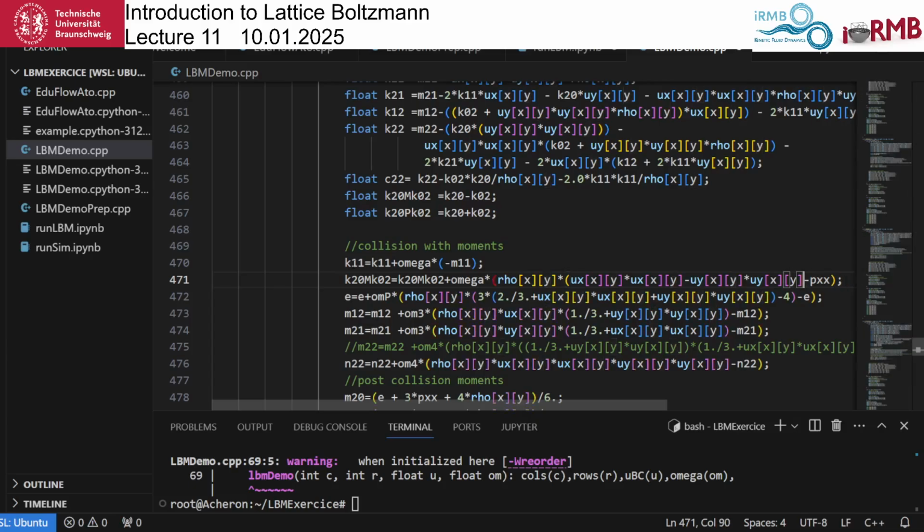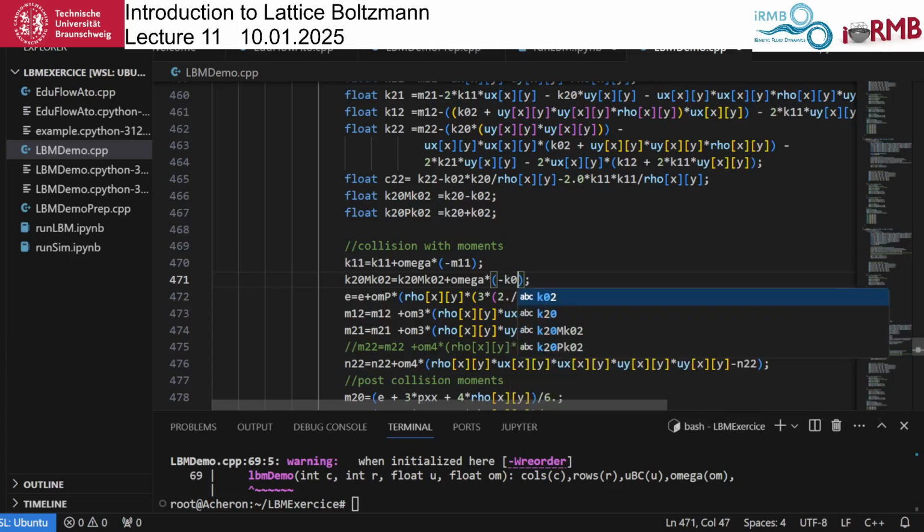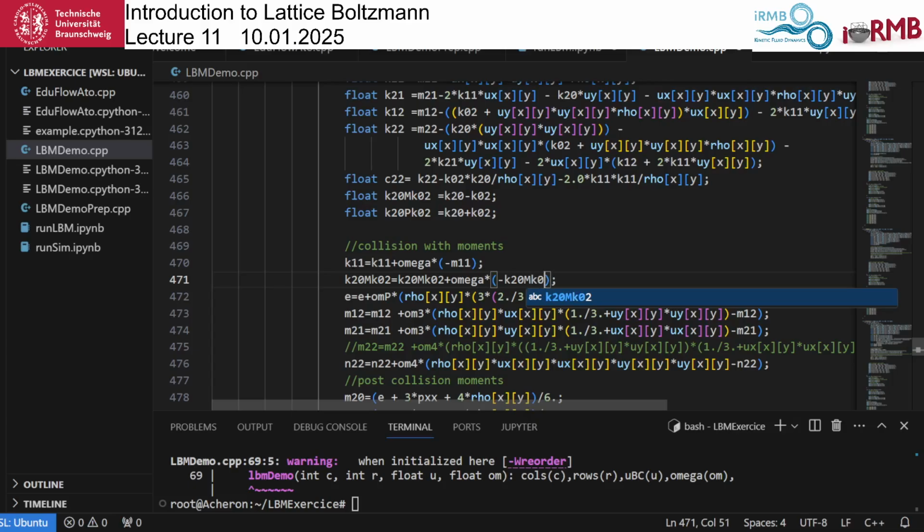So all of this disappears. What is left is here again K0. There's not a nice way of writing things down, so if you implement it, do it more nicely.